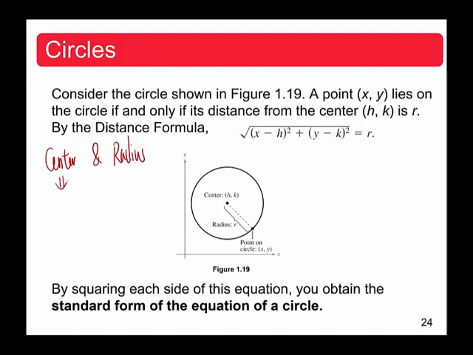So typically we use h and k to represent the center. For the radius, we use r. (h, k) is the center, and r is the radius.